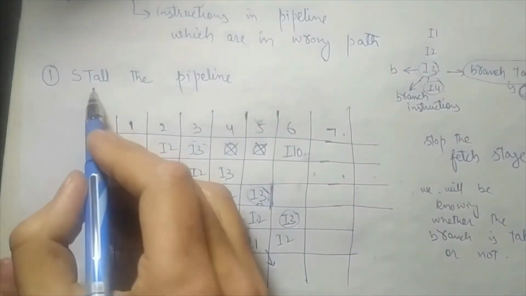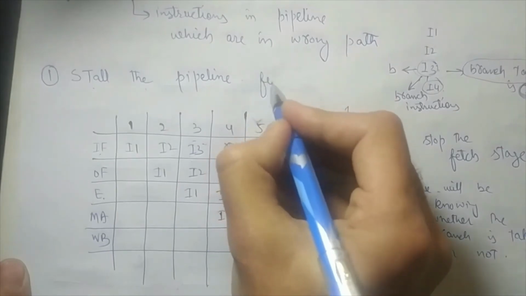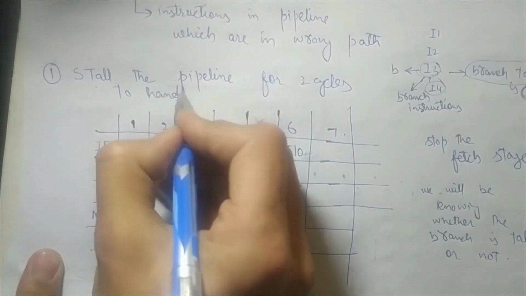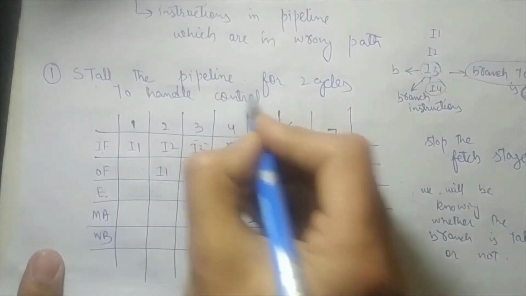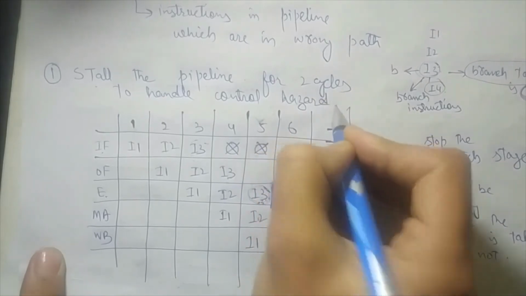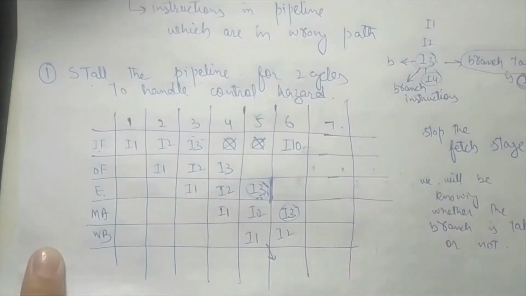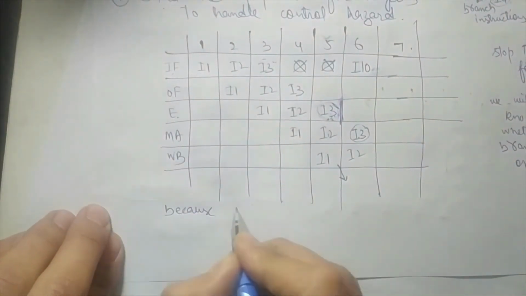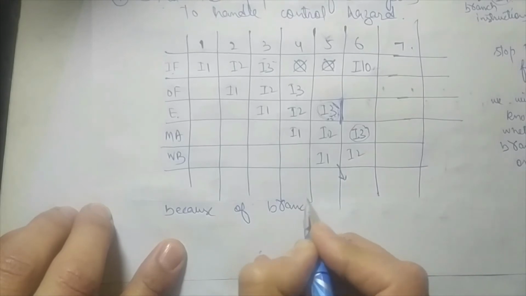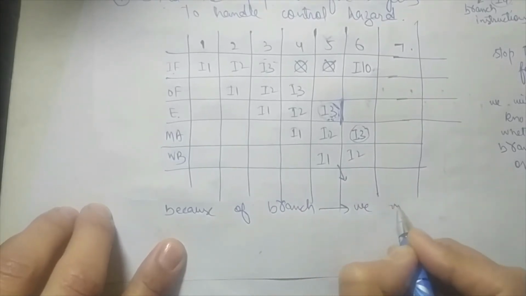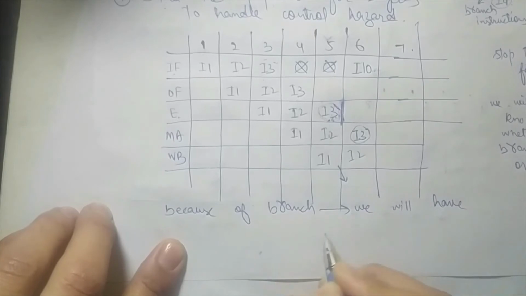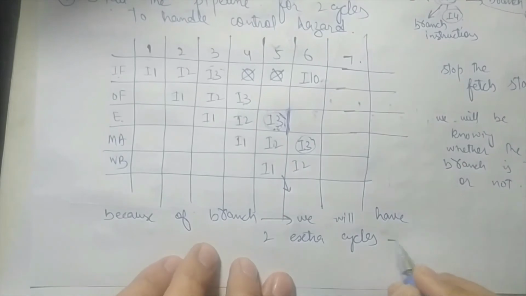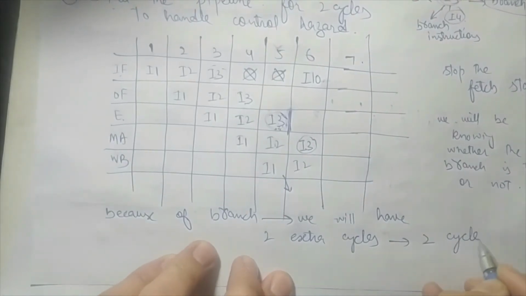So we have to stall the pipeline for 2 cycles to handle the control hazard, and then our pipeline will move as it is. Why two cycles?